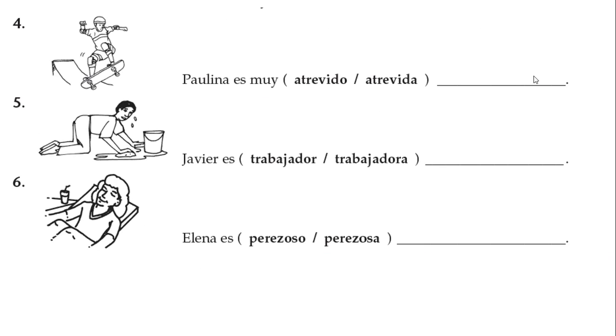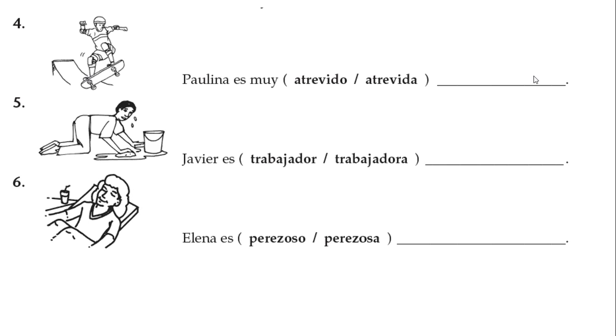Paulina es muy blank. Paula is very daring, or brave, or courageous. Atrevido, atrevida, it's kind of a word that you would use with somebody who is okay with taking risks, like skateboarders, skydivers, people who ski down mountains.